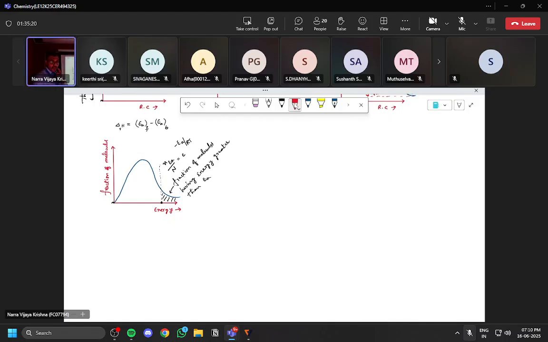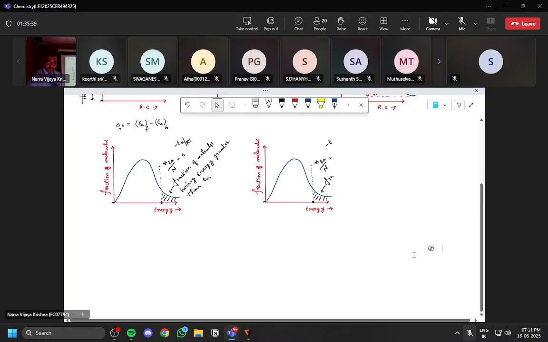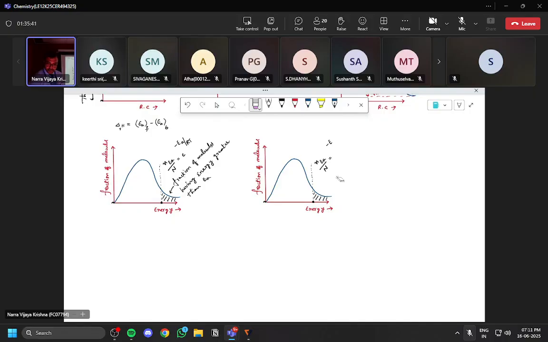Now, if it is at a temperature T1, and I increase the temperature, what happens? Let me take this graph. If this happens at a temperature T1, on increasing temperature, what happens?